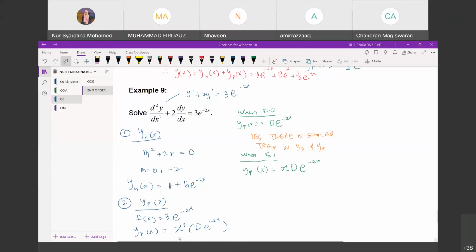No. Then we stop at r equals 1. So this is your YP. Identify your YP and YH: this is your YH and this is your YP, because there is no similar term.